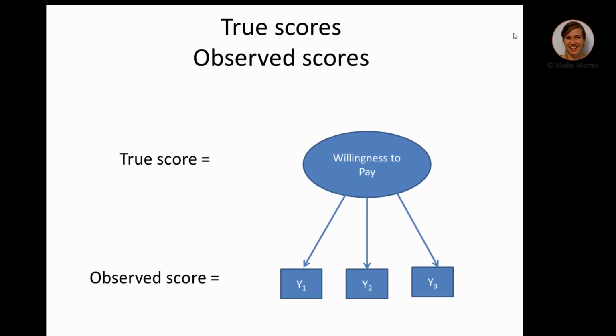The goal of factor analysis in testing the validity of multi-item scales is to distinguish between the observed scores and the true score. Now, the true score is the score of someone on a scale. For instance, if I have 3 items to measure willingness to pay, the true score is the true willingness to pay of that particular person.